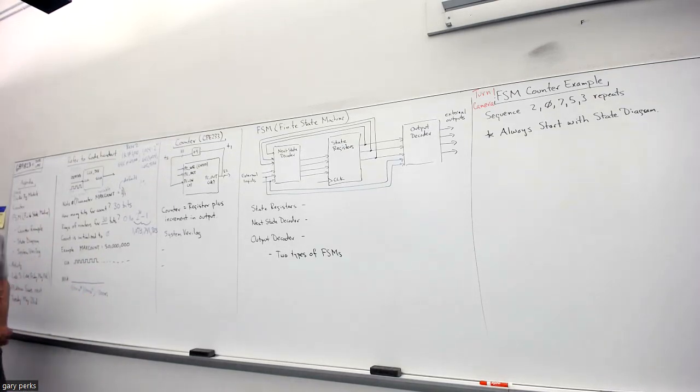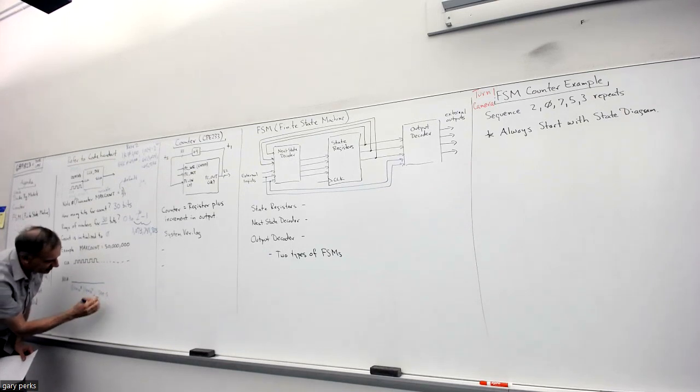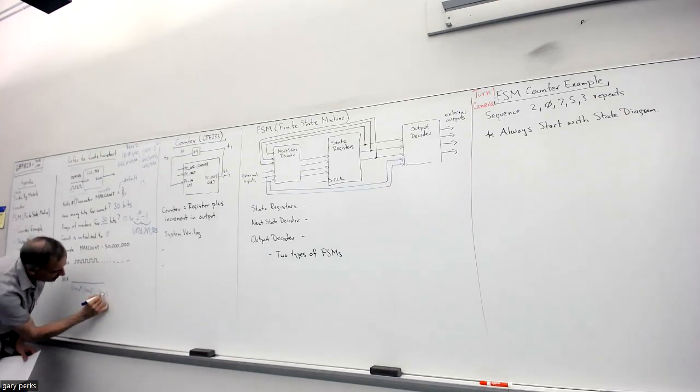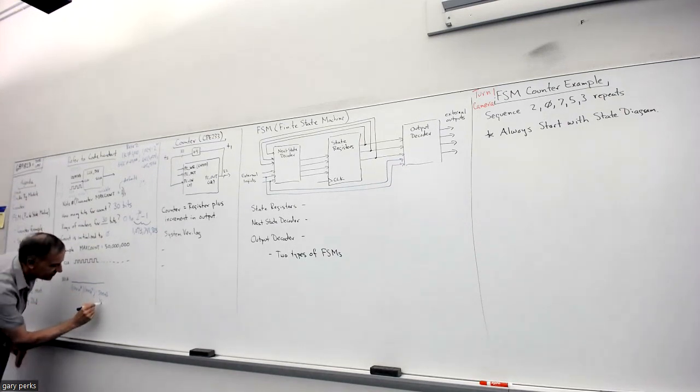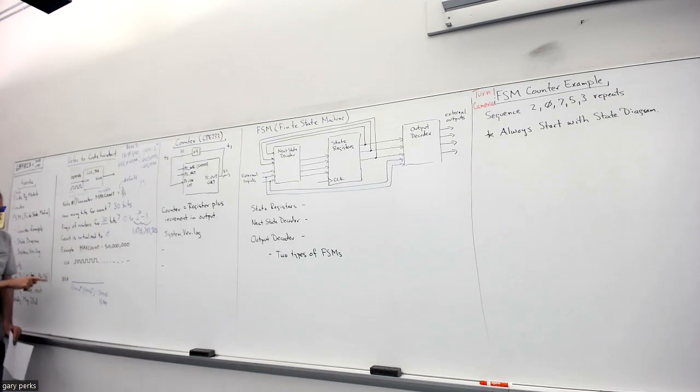How many seconds is 500 milliseconds? Milliseconds would be what in seconds? 0.5. So you see, S clock is going to stay low for half a second until it finally inverts.